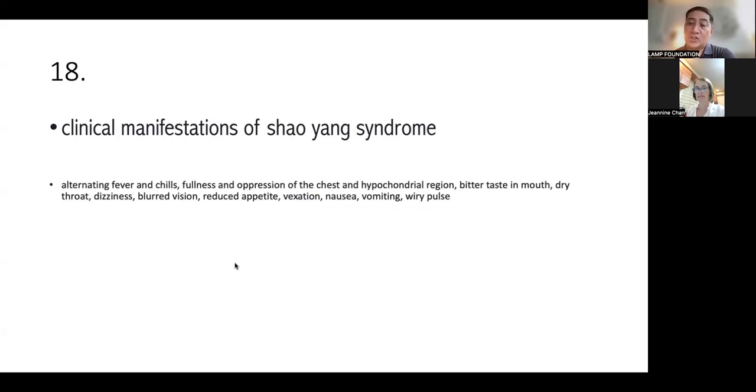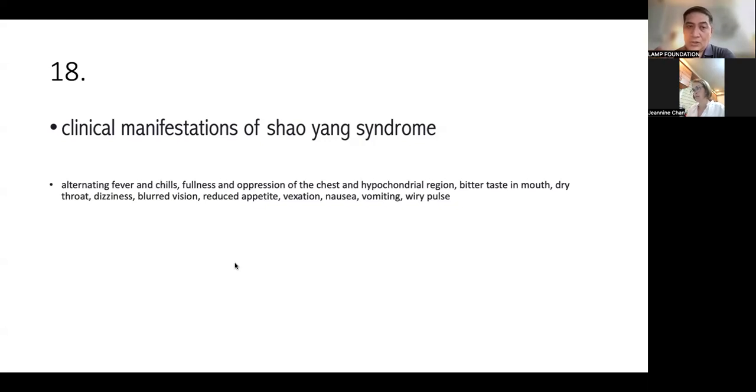When you talk about the Shaoyang, if we now discuss the acupuncture channels, we have the Shaoyang channels, and these are the gallbladder, or the foot Shaoyang, and the Sanjiao, or triple burner, or the hand Shaoyang.